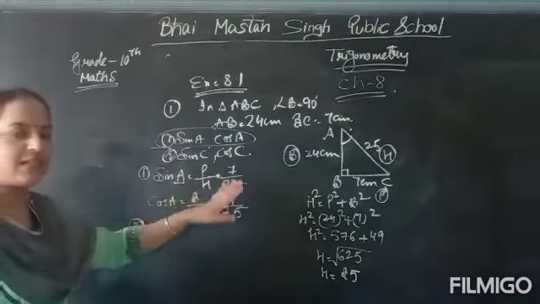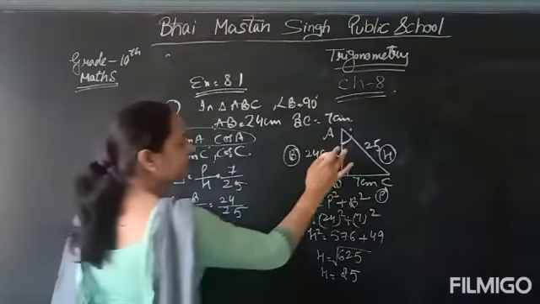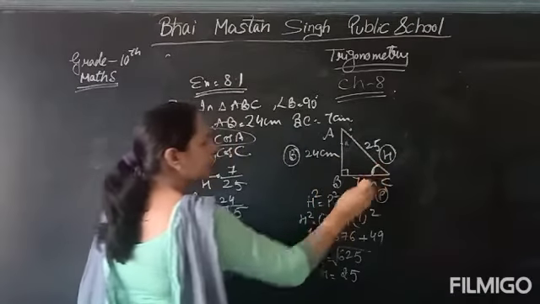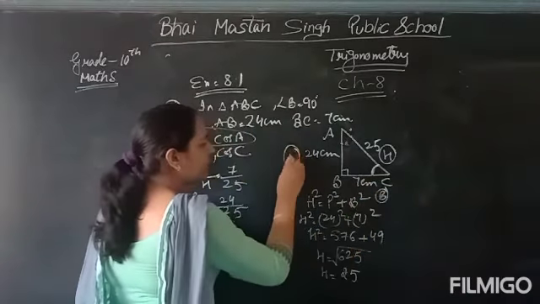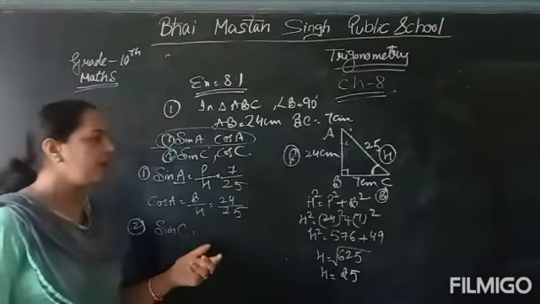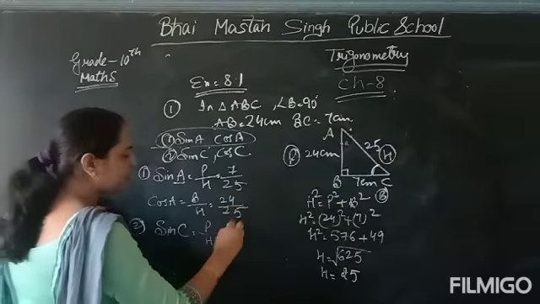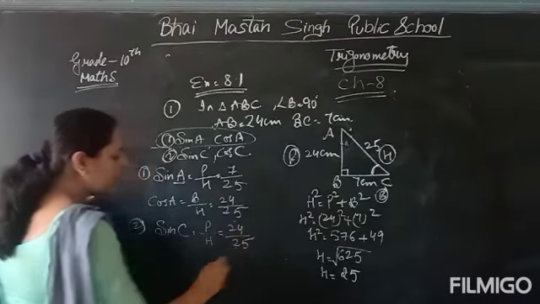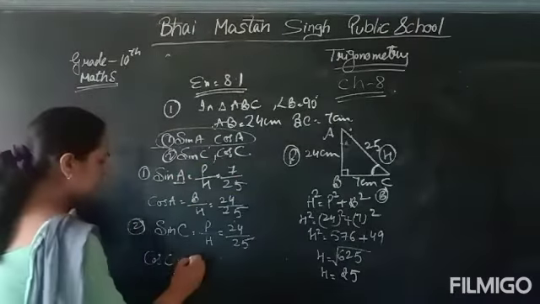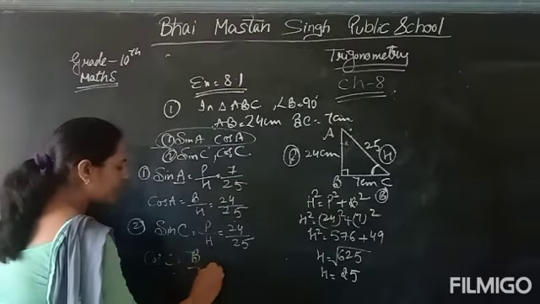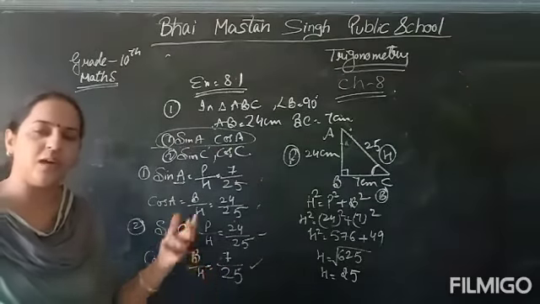Second, now sin C. Now we are talking about angle C. The BC side has two angles, so this will be my base, and this will be my perpendicular. Hypotenuse remains the same. The value of sin is P upon H. Now my perpendicular is 24, hypotenuse is 25. Now cos C. Cos C is B upon H. B is 7, H is 25. So I got all my values according to the angle.